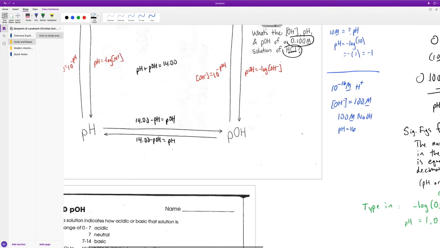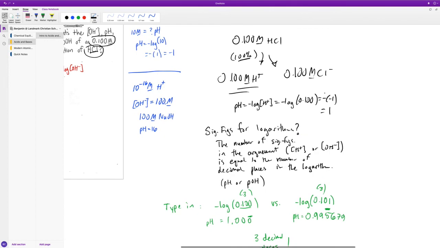And so why was I doing all that? Because up here I was wanting to know how precise I should be, and we've already seen how precise I should be. We've got 3 significant figures here, so we're going to round this to 3 decimal places. That's the pH. Fairly precise pH, okay?